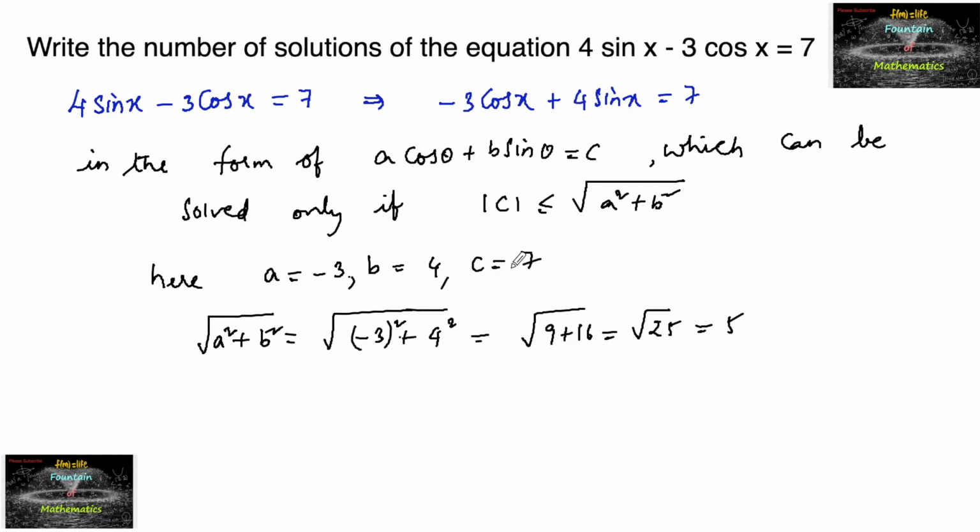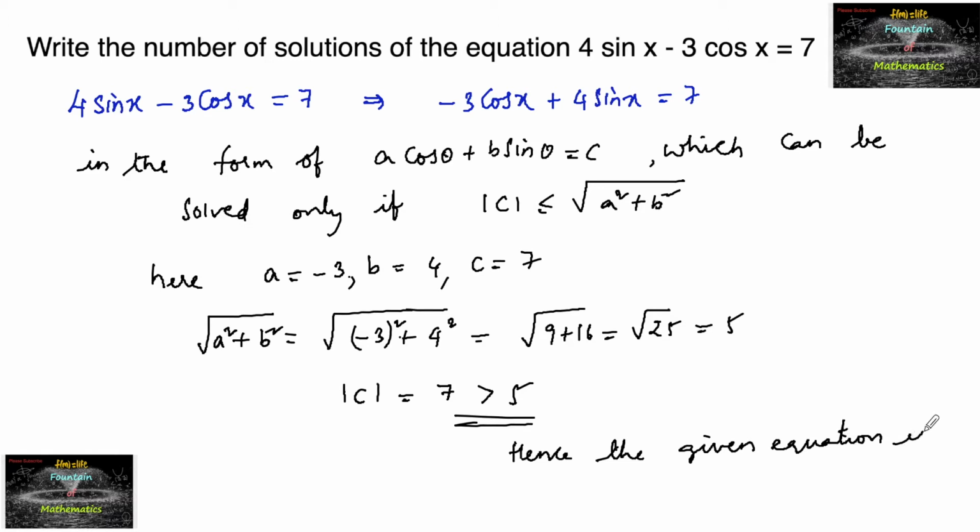So clearly mod c, which is equal to 7, is greater than 5. So hence the given equation is not soluble, and hence no solution. No solution means zero solutions are there.